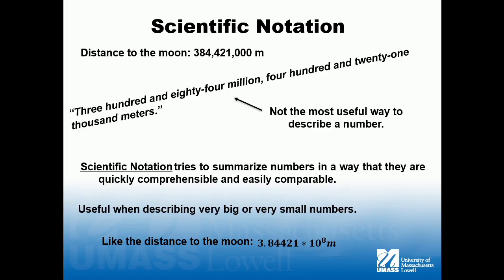So a lot of times we use scientific notation. The idea with scientific notation is you have a leading part, which is all the significant figures in your number. So when I write that down in scientific notation, I have 3.84421, which is all the sig figs in that measurement, times the power of 10 in order of magnitude.